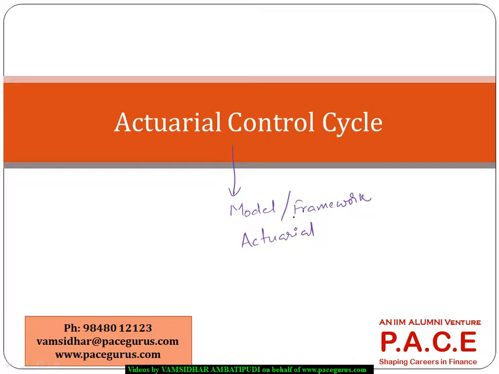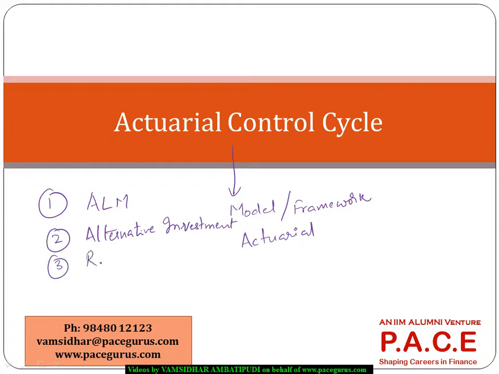It can very comfortably be used for areas like asset liability management. I can use it for identifying alternative investment opportunities, or if I want to look out for reinsurance kind of options, I can apply this actuarial control cycle.